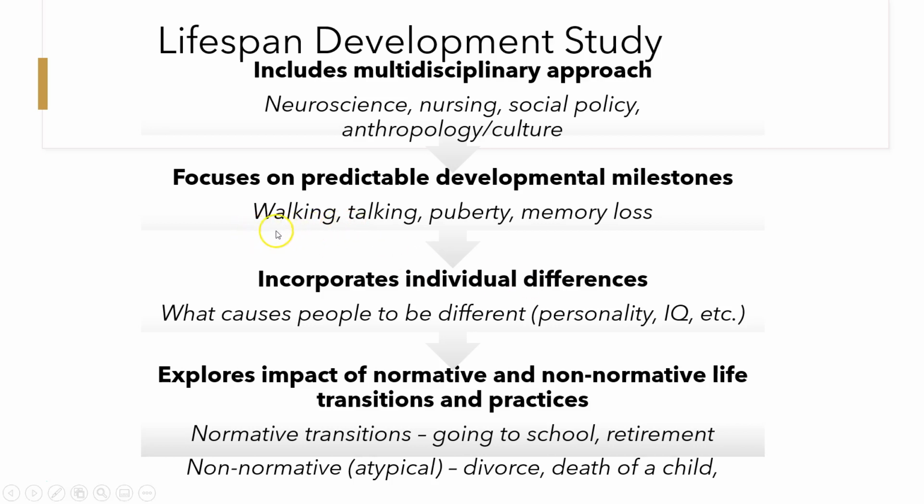When do children start walking? Around, let's just say, age 1, 12 months. But there are children who walk much earlier, and children who walk much later. So we're interested in these individual differences, the variability around any of these predictable milestones.